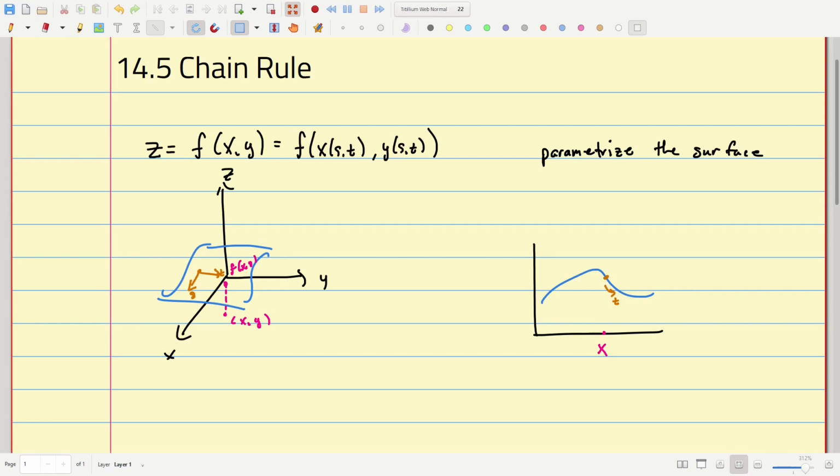Okay, now ultimately, we're going to need to answer the question of what does this look like if I try to differentiate with respect to s or t? All right, we'll build up to that.